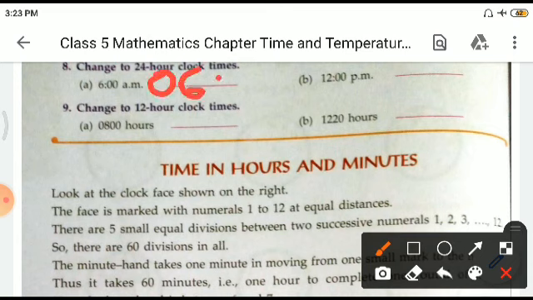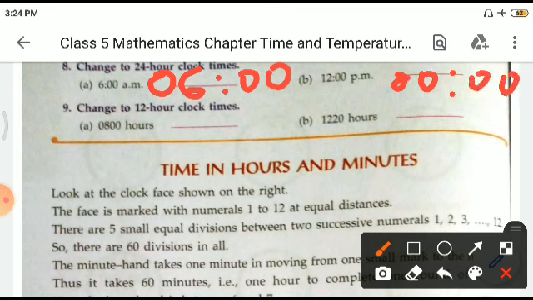So this would be 06.00 AM. And 12 PM, it will be written as it is, right? Or 12 PM, if it's 9, night one, so you can write it as 00.00, right? As it is of night.